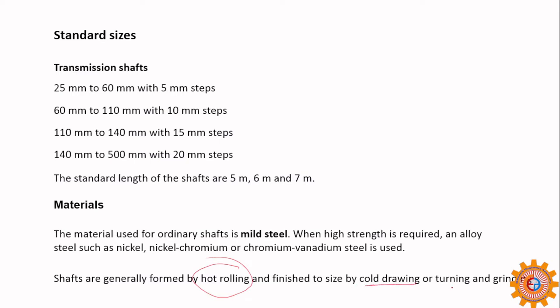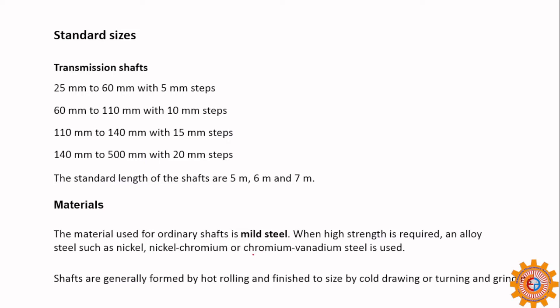Sometimes you can also use some finishing operations after hot rolling, because the shaft finish needs to be very smooth. So you have to carry out other finishing operations to make the shafts fit for other applications.